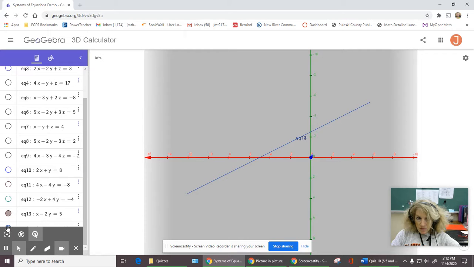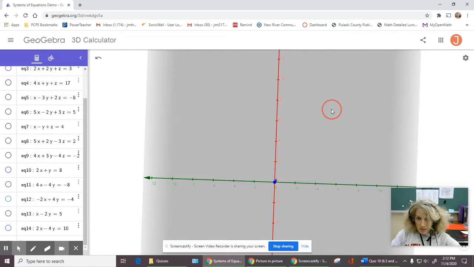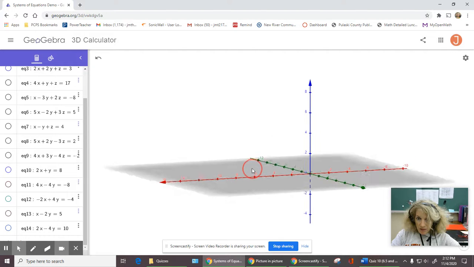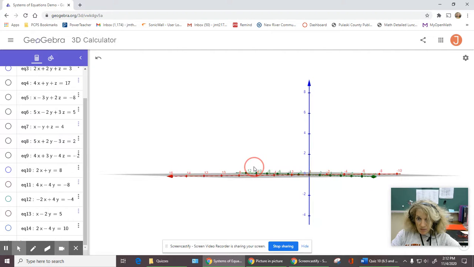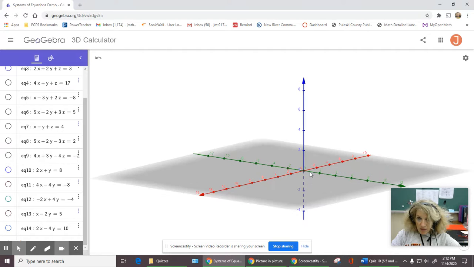So now let's move to 3 dimensions here. So if I rotate my plane, you can see that this gray flat plane could be like a tabletop or something like that. And then directly perpendicular to the tabletop, this could be your z-axis, so x, y, and z.